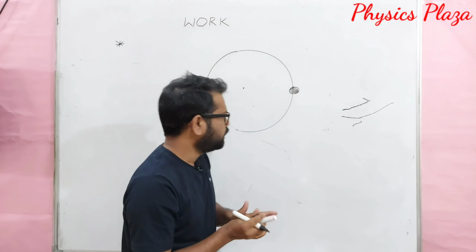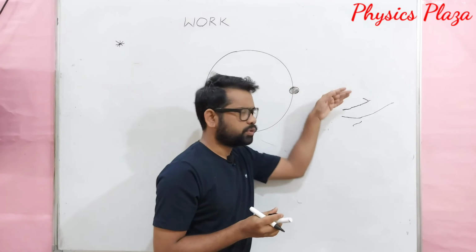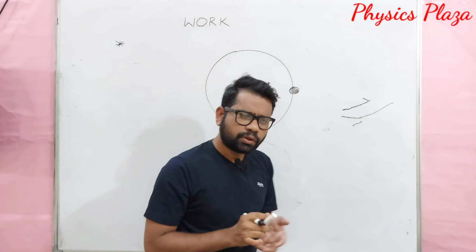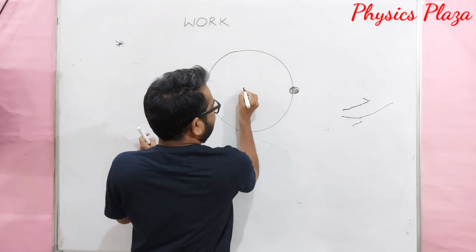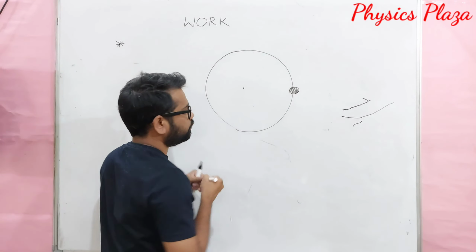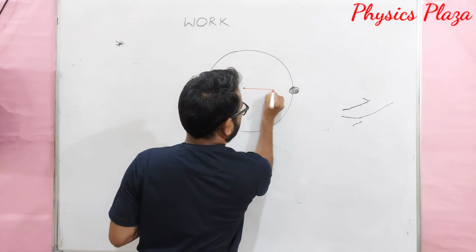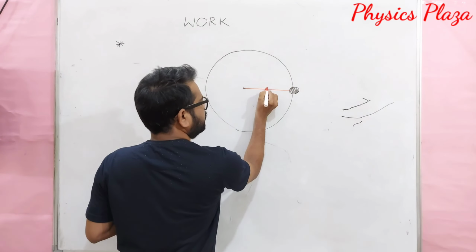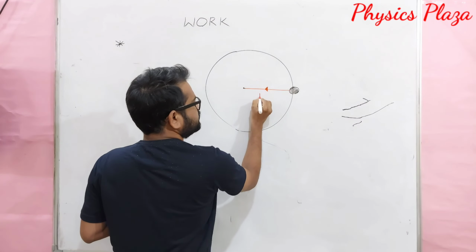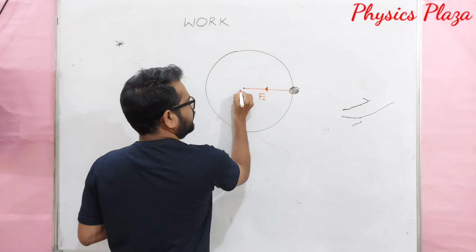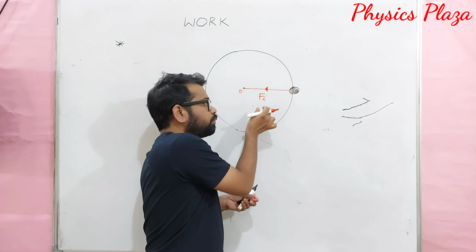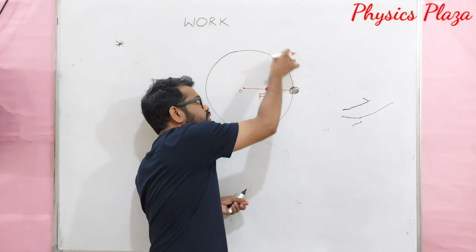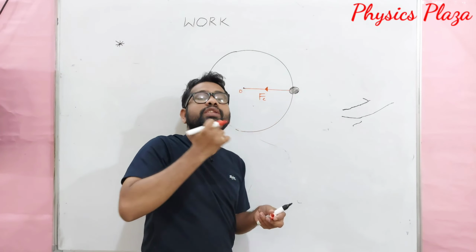We will discuss centripetal force and centrifugal force separately, as that is a completely different discussion. So the force acting on this body in a circular path is definitely the centripetal force, directed towards the center. Then what is the work done by this centripetal force on this body going in a circular path in a horizontal plane?